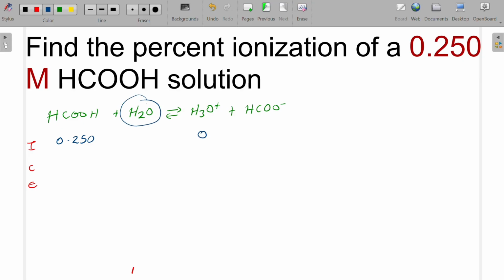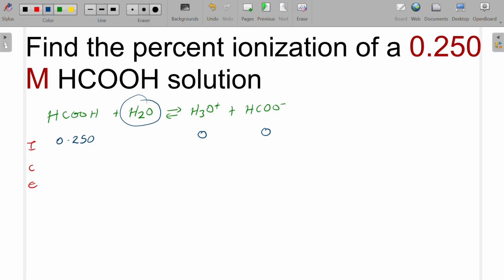Then we have 0 here, and 0 on the other part. Since we have 0.250 on the left-hand side and nothing on the right-hand side, the chemical reaction will proceed to the right. That implies the left side is going to reduce, and the right side is going to increase.